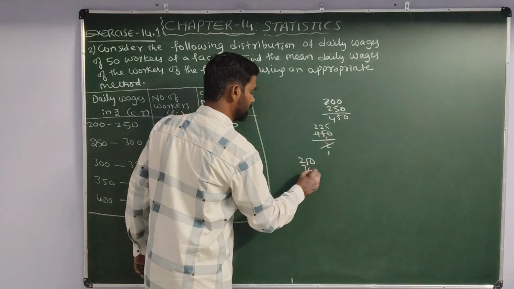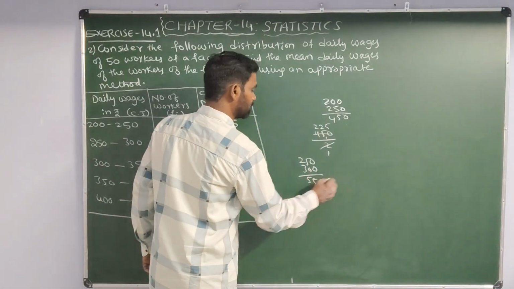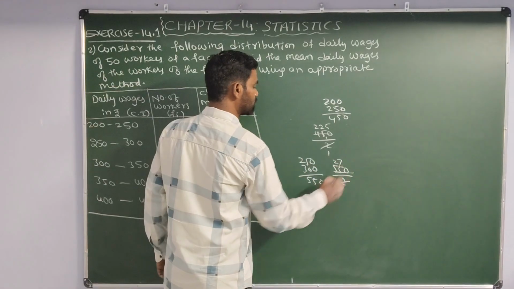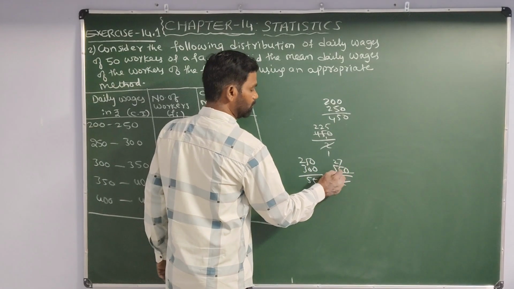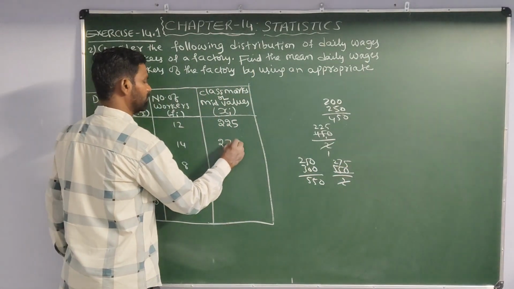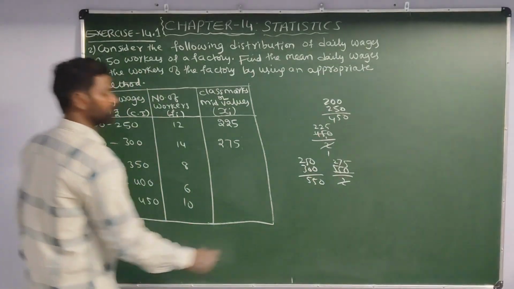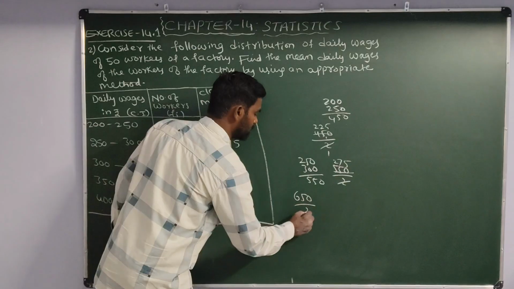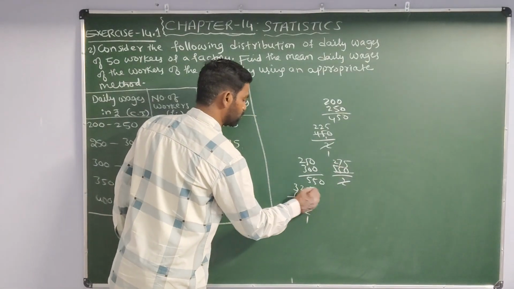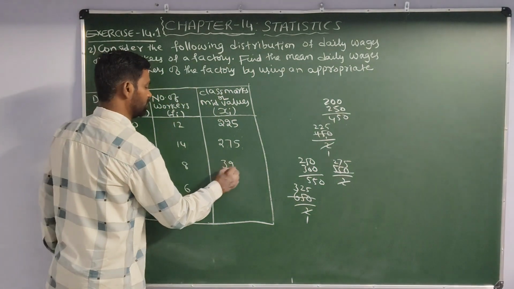Next, 250 to 300. 250 plus 300 is 550. 550 divided by 2 is 275. Next, 300 to 350: 650 divided by 2 is 325.